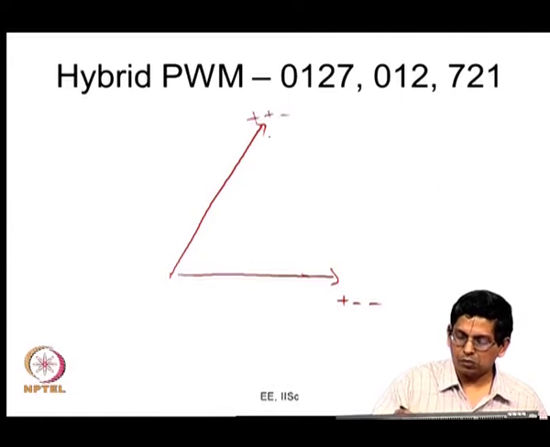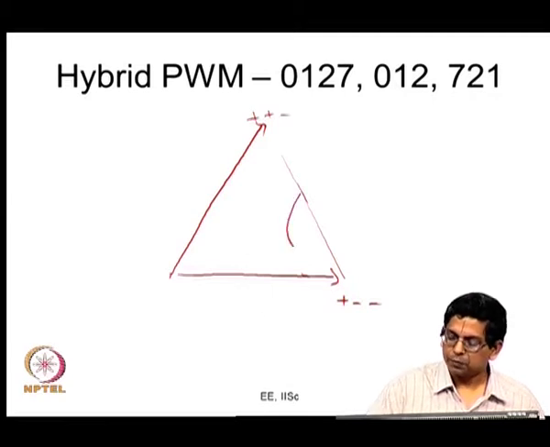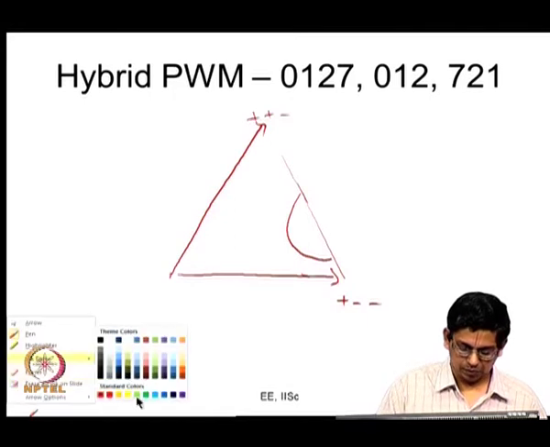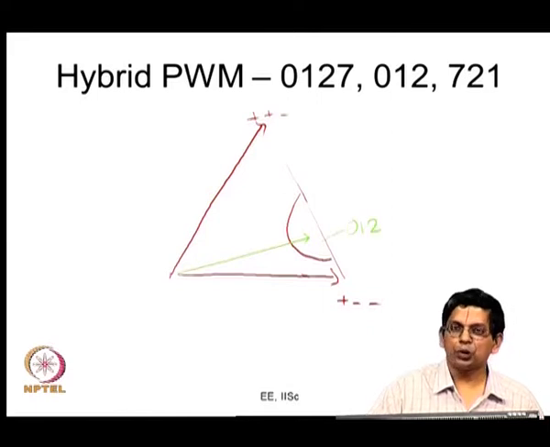Now, you will have a range of vectors, and you may have a vector whose tip is like this. If there is a vector whose tip is like this, then you can apply 0 1 2. 0 1 2 will give you lower q axis ripple than 0 1 2 7.